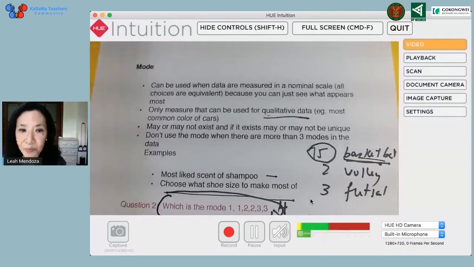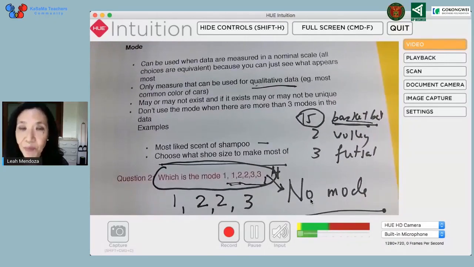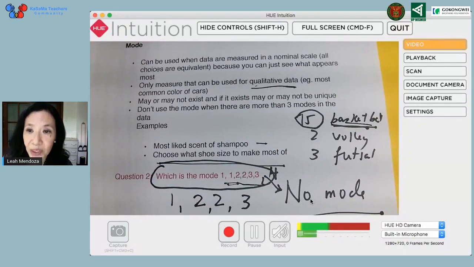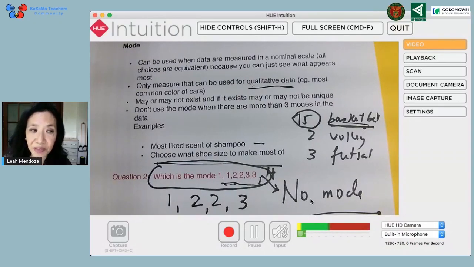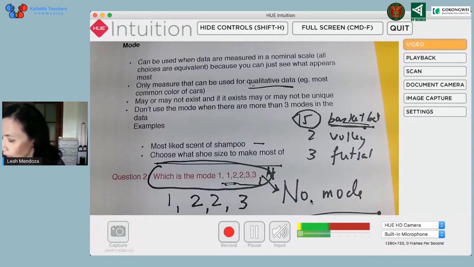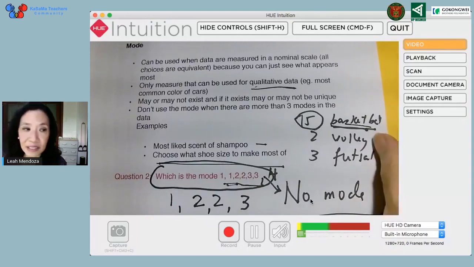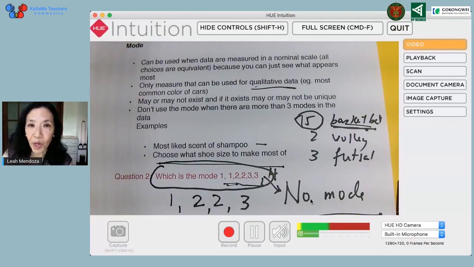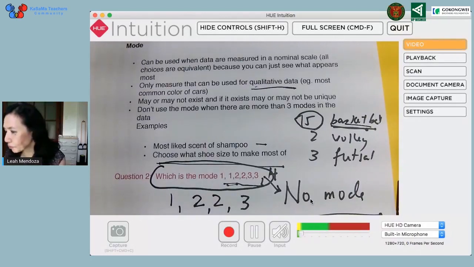So the rule is, if you have 3 or more modes, do not use the mode as a measure of central tendency, because a measure of central tendency helps your audience determine the value around which the data center.